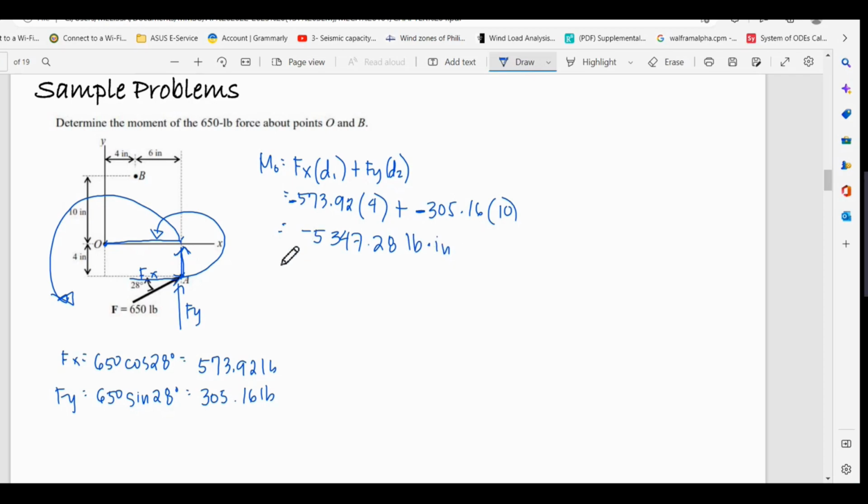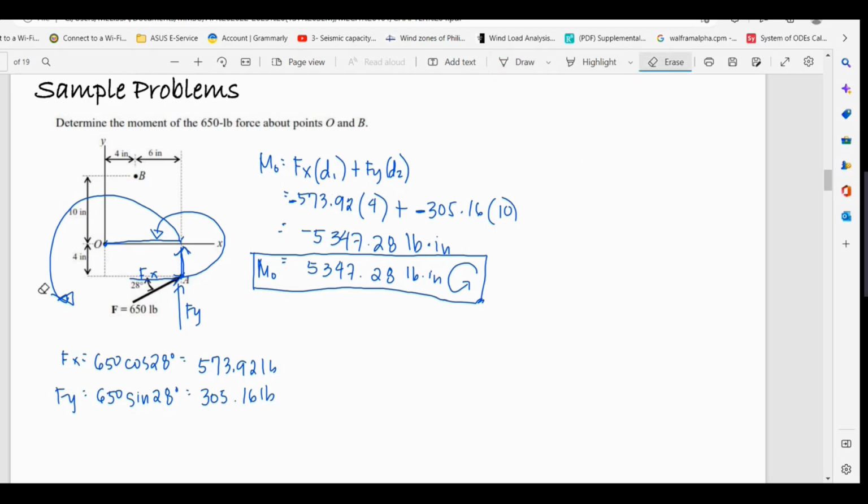And negative yan, kaya magiging 5347.28 pounds inches in counterclockwise direction. So, that will be the moment at point O. Okay, so, tapos na tayo sa isa. Next, proceed tayo sa moment at point B. Moment at point B. Okay?